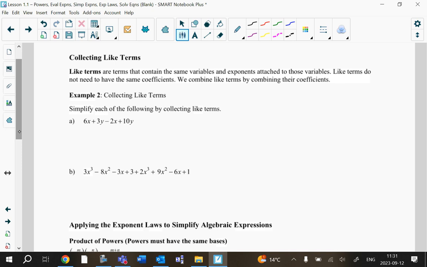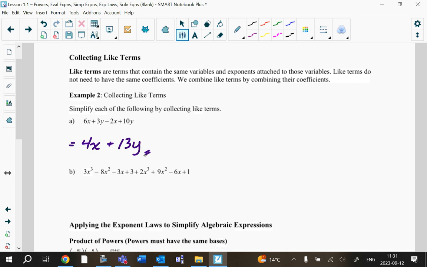The x's and the y's. So for the x's, I've got a 6x minus a 2x, which is 4x. And for the y's, I've got a 3y plus a 10y, and we need the plus in front. Okay, that's pretty straightforward, I think.